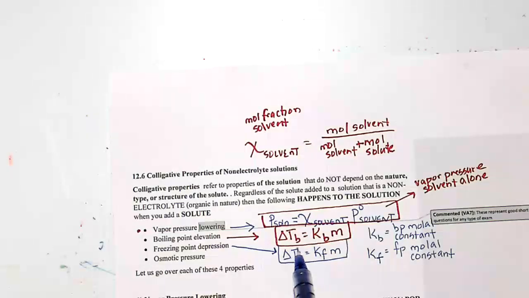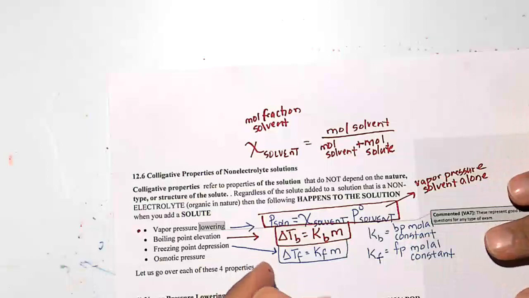If you want to calculate the new freezing point once you add a solute to a solvent, you'll be given the constant, because it is different for water as a solvent than for ethanol, or benzene, or cyclohexane as the solvent. And then m, as we know, is molality. I'll give you those equations along with the constants.